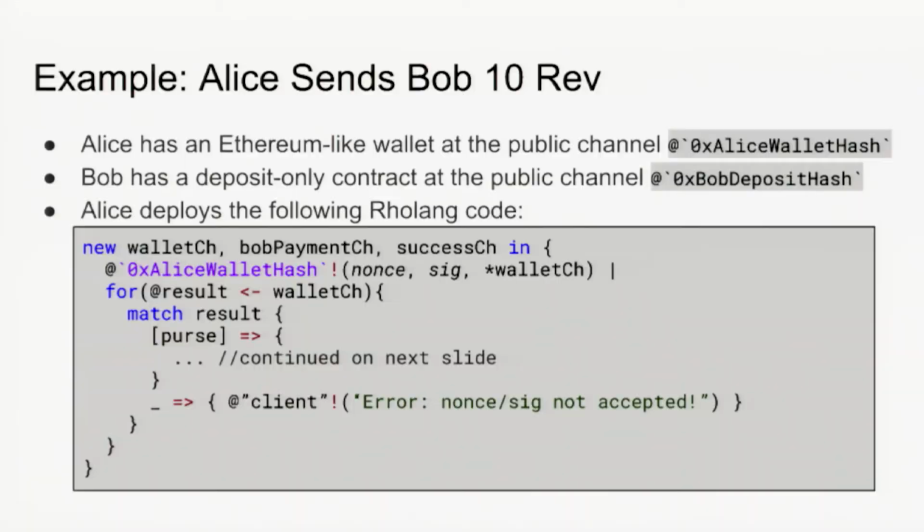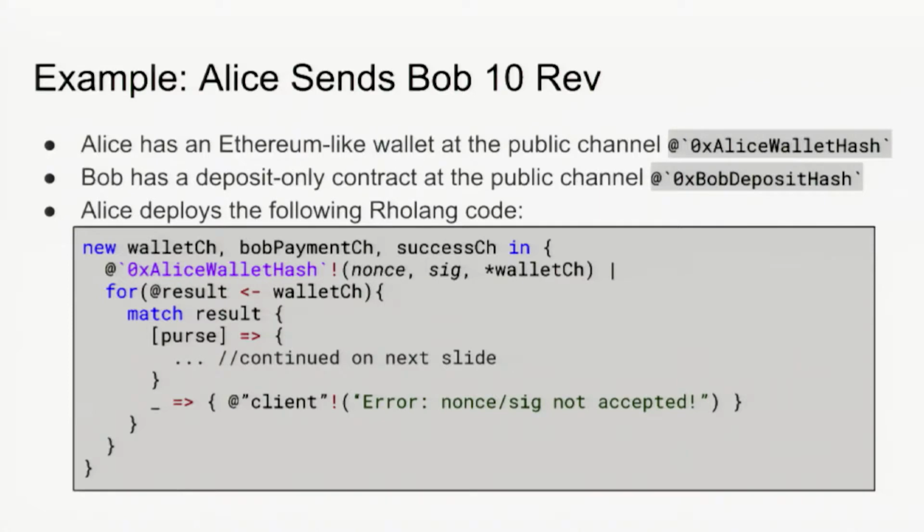So instead, you would send that to the registry, get back a result, and then do that same send on the resulting channel after looking it up. There's a subtle reason why we want it to be that, and during the question portion, I'd be glad to explain that. So basically, we do a signature check, and then if the signature matches, we do what's on the next slide.